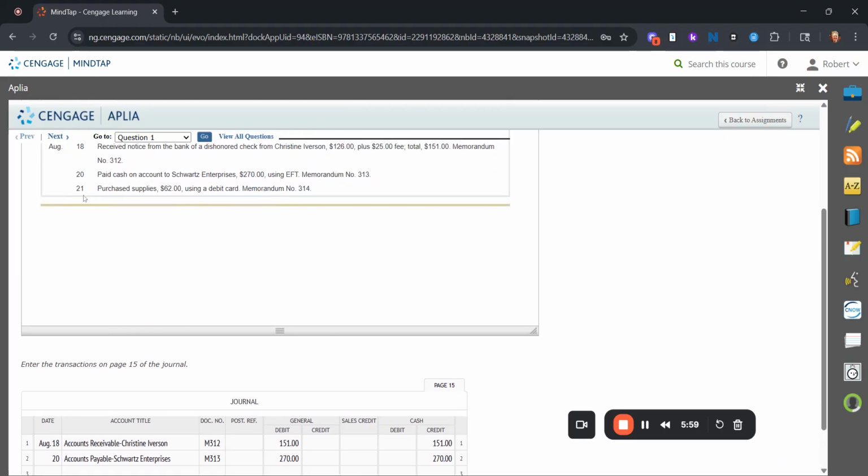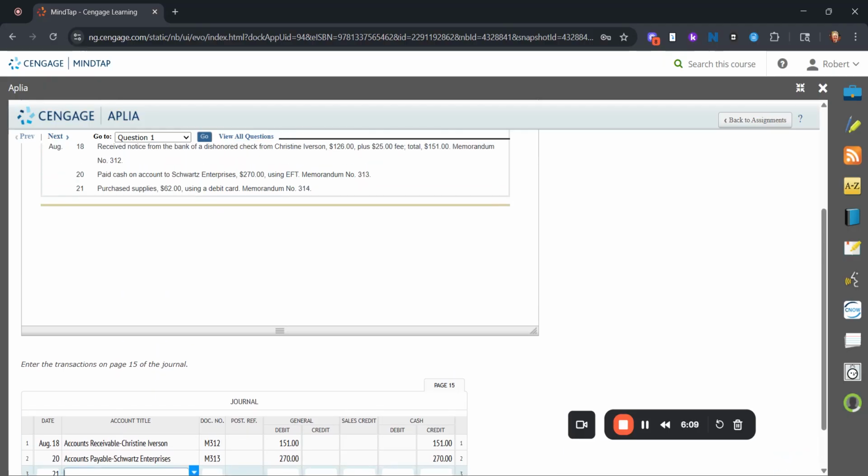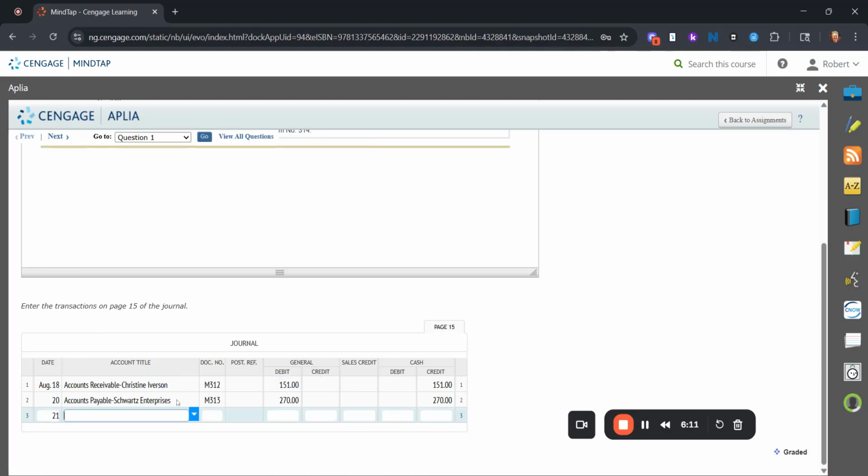Okay, so now we have our last one, the 21st. Purchase supplies, $62 using a debit card. 21st. Supplies, generally its own account, so just supplies.